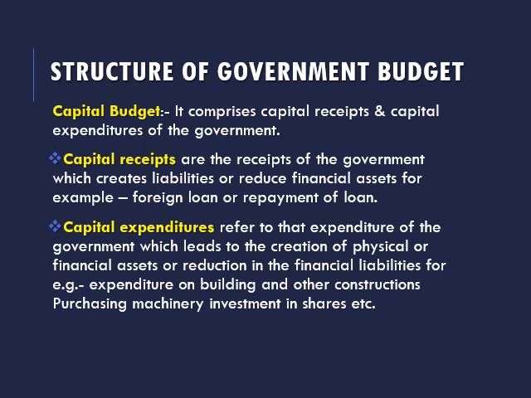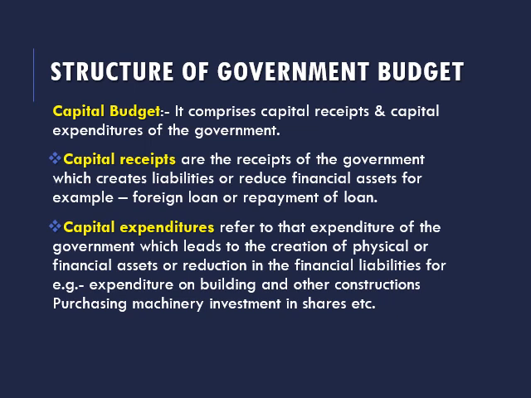Now the second part of this budget is the capital budget, which comprises two things: capital receipts and capital expenditure of the government. Capital receipts are those receipts of the government which create liability, which means you are borrowing money, or maybe they will reduce the financial assets of the government or the country. For example, foreign loans, you may be taking a loan from the RBI, the general public, the International Monetary Fund, World Bank, or other economies, or some other people.